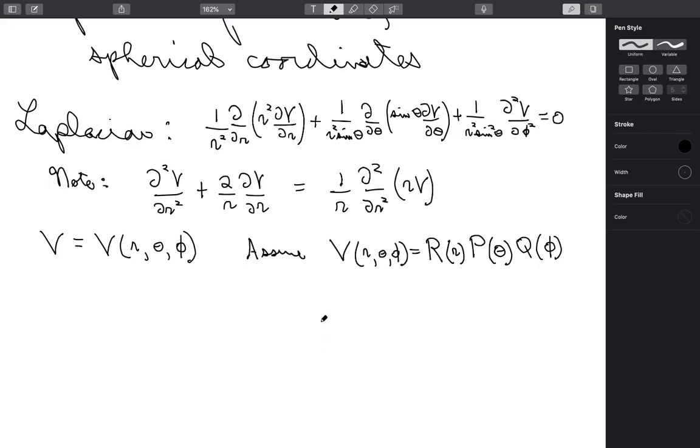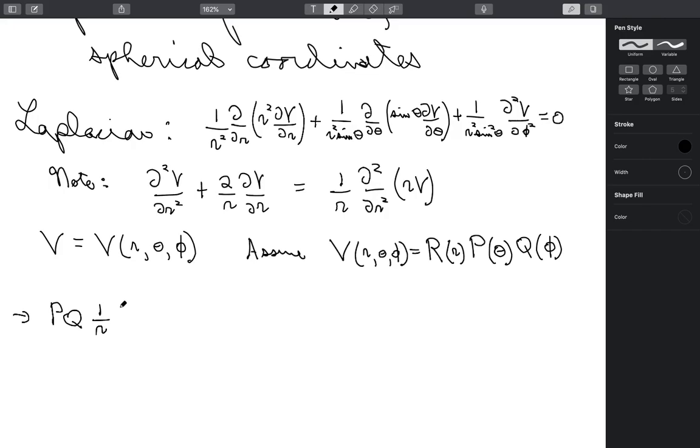Now, what I can do is substitute this into my Laplace equation. What I get is a big bunch of terms. I'm not going to write all the arguments, but since there's only the r dependence, I get P times Q with now the 1 over r, using this form here.